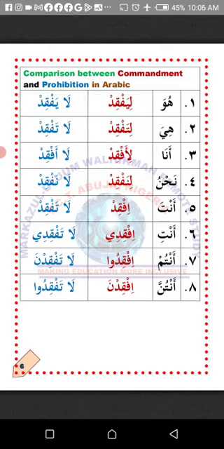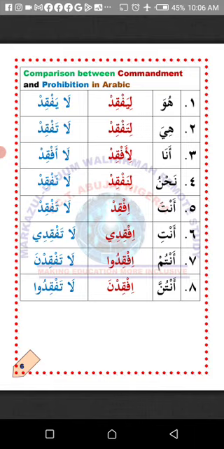Number 4. نحن, we. لنفقد, we should lose. لا نفقد, we should not lose. Number 5. أنت, you, representing a single male person. افقد, lose. لا تفقد, don't lose. Number 6. أنت, you, representing a single female person. افقدي, you should lose. لا تفقدي, you should not lose.